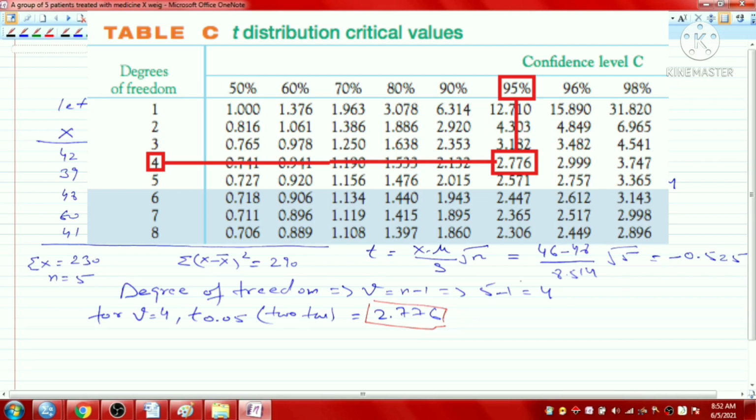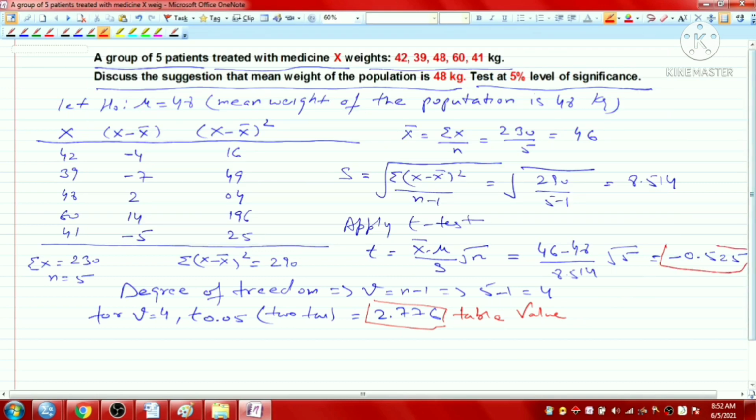This is our table value, and this one is the calculated value. Since the calculated value of t is less than the table value, we accept the null hypothesis and therefore conclude that the mean weight in the population is 48 kg.